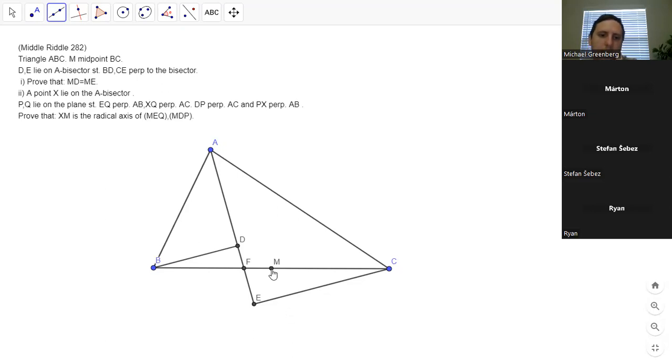Well, actually, I think it's kind of obvious that MD equals ME because M is the midpoint of BC, so it has the same distance. Since BD and CE are parallel, it has the same distance to the lines BD and CE. So MD equals ME.